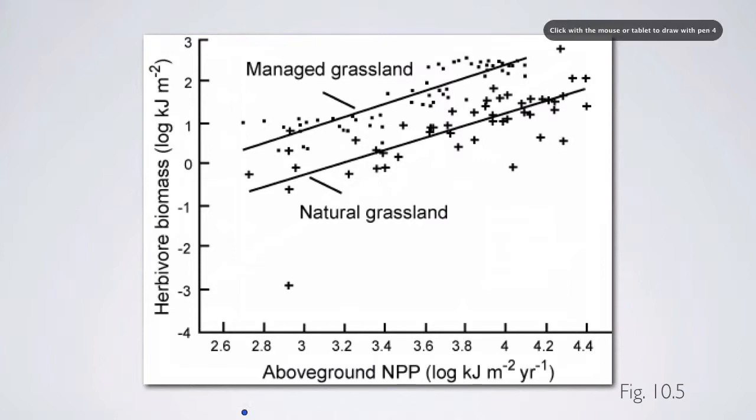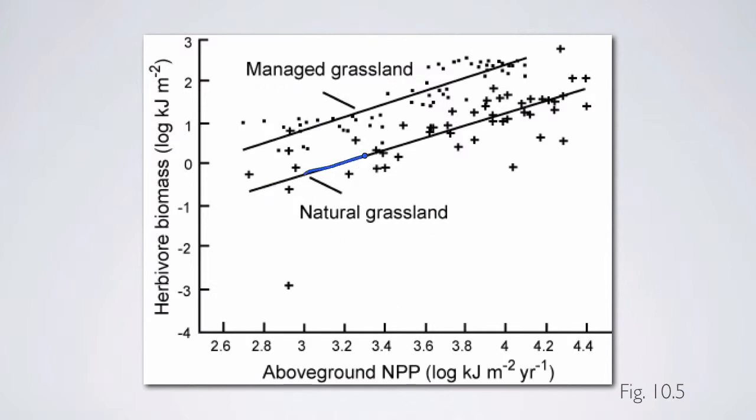In addition, when we take a look at grasslands, on the x-axis, here's ANPP, and this is going to be a little bit more difficult because it's the log of kilojoules per meter squared per year. So at 3, we're at 1,000 kilojoules, and at 4, we're at 10,000. So here we're going to take a look at that relationship between herbivore biomass, in this case really just mammals, and ANPP for natural grasslands and managed grasslands.